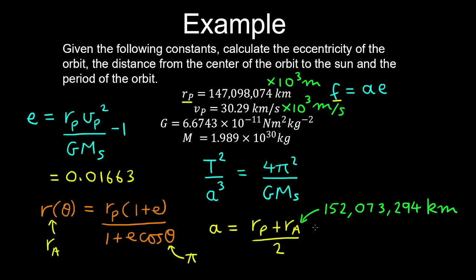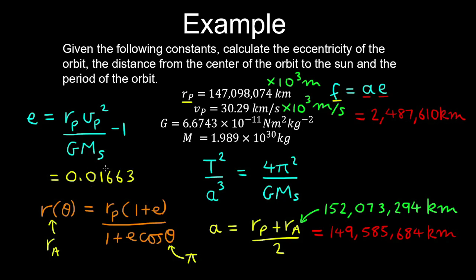And now we can find the length of the semi-major axis by substituting for RP. So that gives 149,585,684 kilometers. And if we substitute this into this equation, and also substitute the eccentricity of the orbit, we get 2,487,610 kilometers.